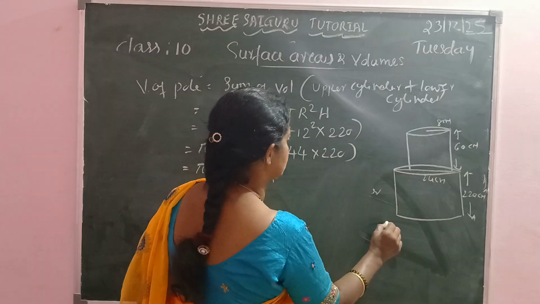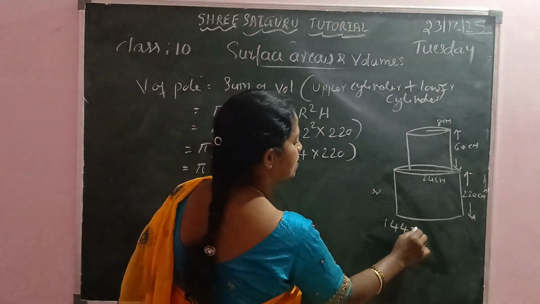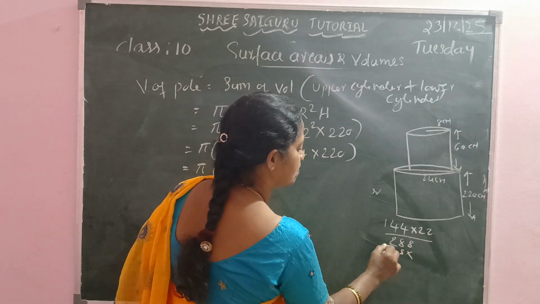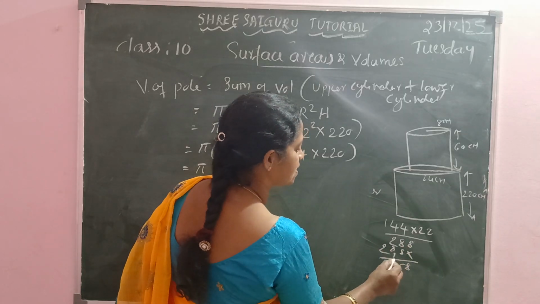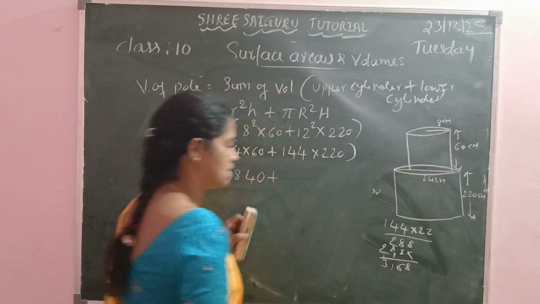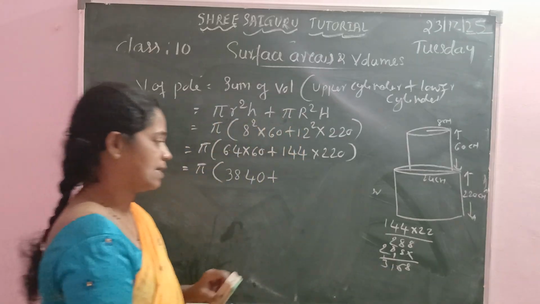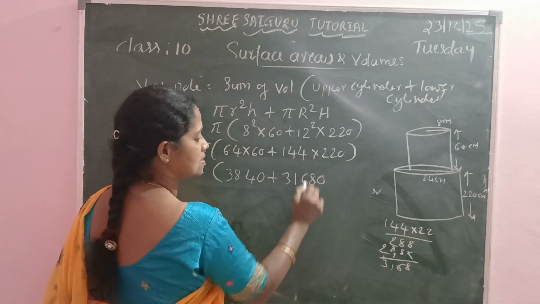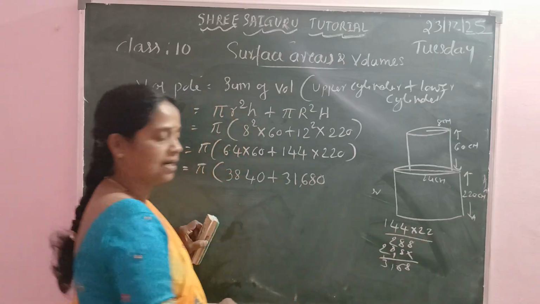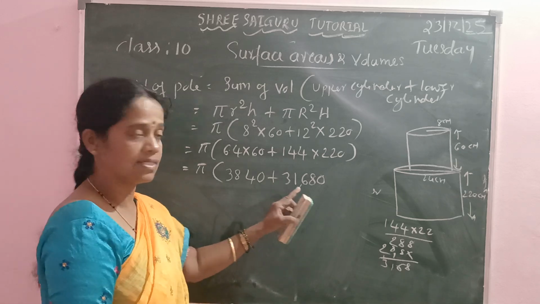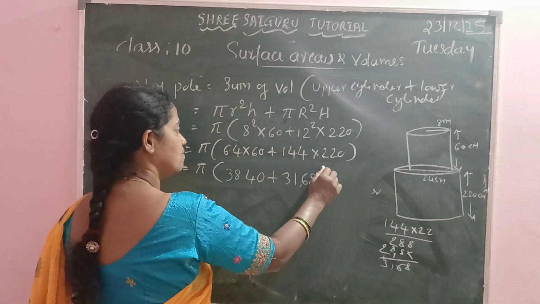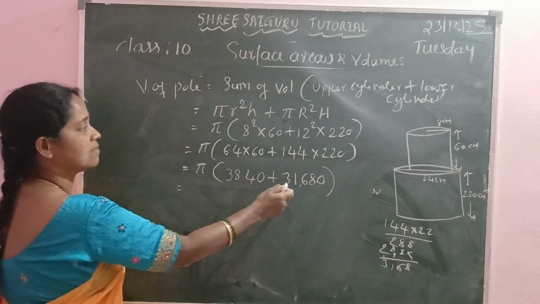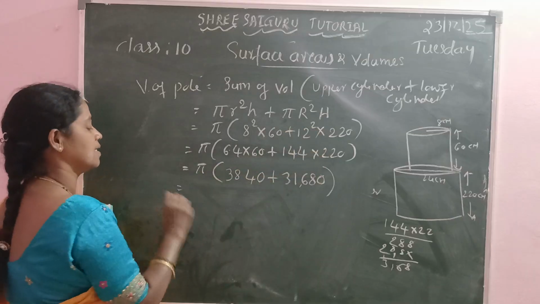Calculating 144 into 22 and then adding the zero, we get 31,680, which is the volume of the big cylinder.